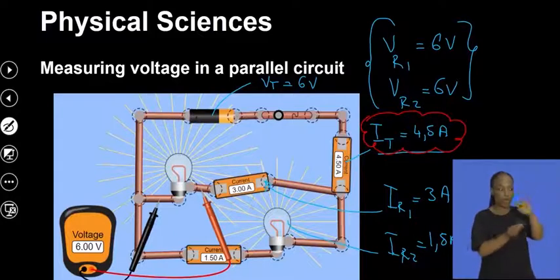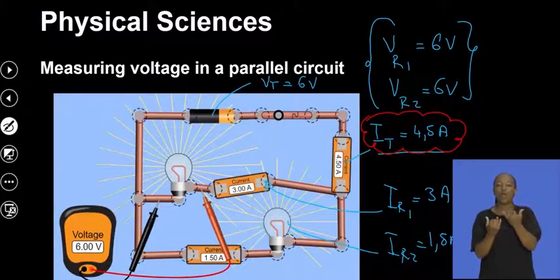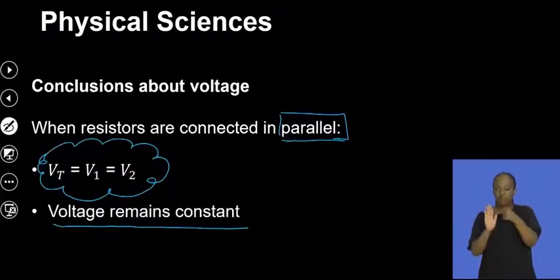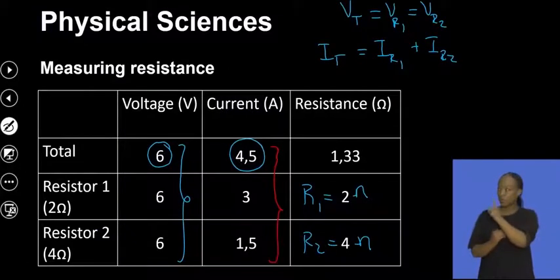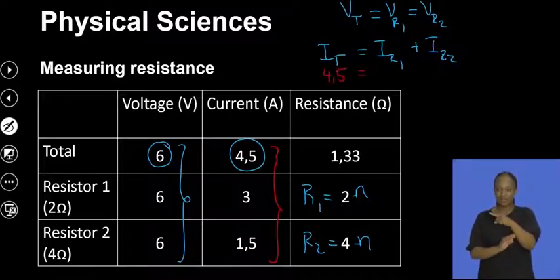If you add those two, they give you the total current in the circuit. If we also look at the middle column, which is about the current, our total of 4.5 amperes is equal to the 3 amperes plus the 1.5.